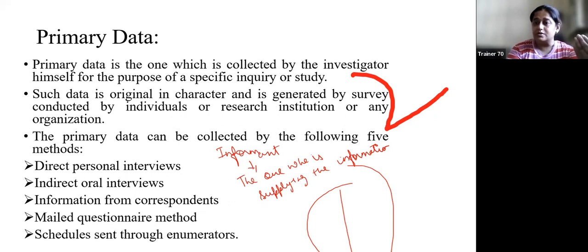Some other persons who are capable of supplying the information for that person. It can be any witness, neighbor or friend, or any other third party who can supply the information will be contacted, will be interviewed, will be asked certain questions, and the data will be recorded.